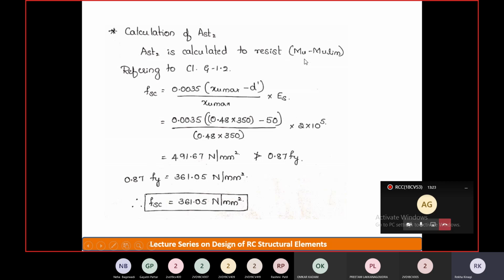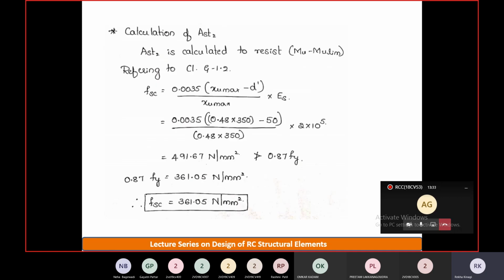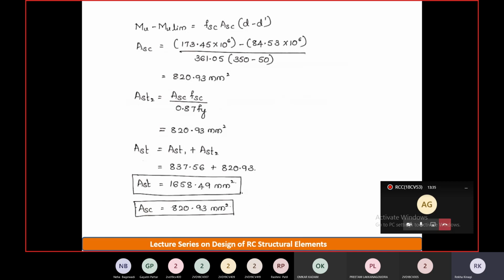Based upon the codal provisions of IS 456, that is Annexure G, we calculated the values of Ast1 as well as Ast2. Summing them gives the total Ast. Then we calculated the value of Asc, that is the area of steel in compression.